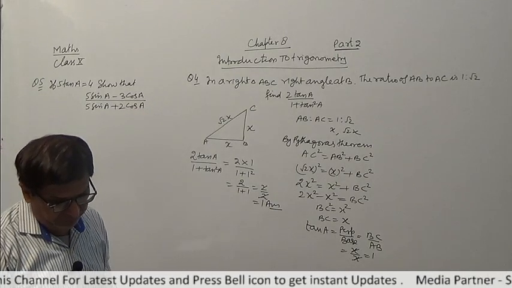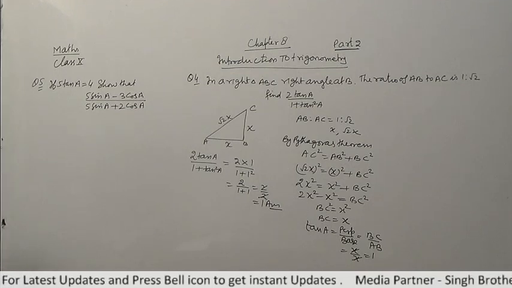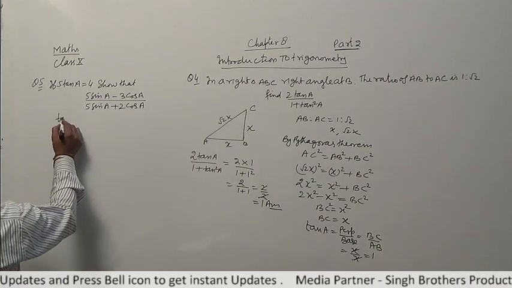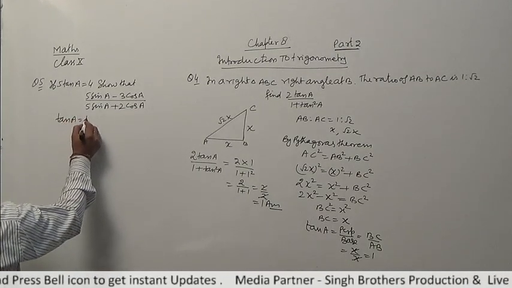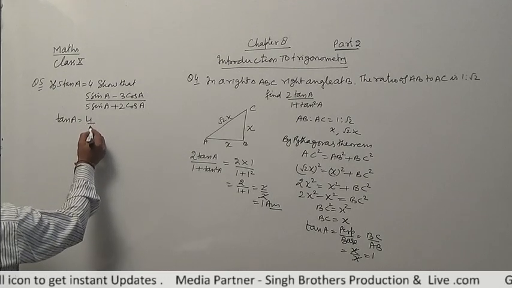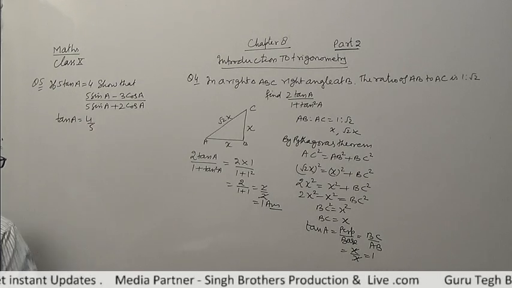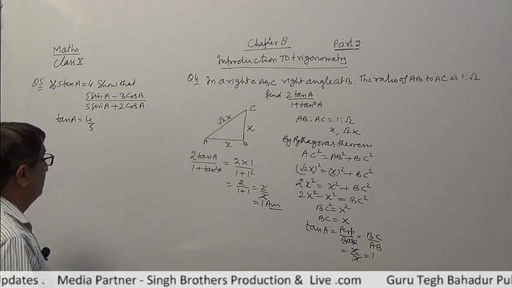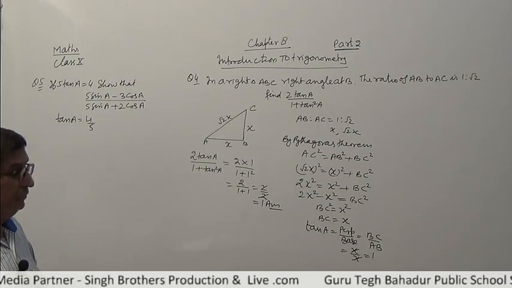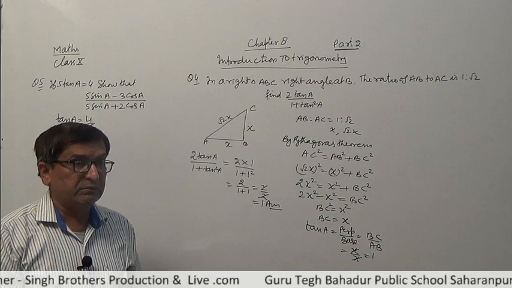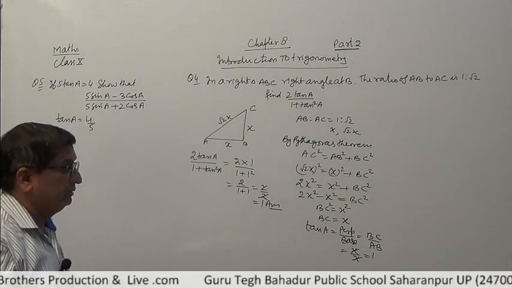We will solve this question another way. One way is to find the hypotenuse and then put in the values. Without finding the hypotenuse, we can solve this question also.